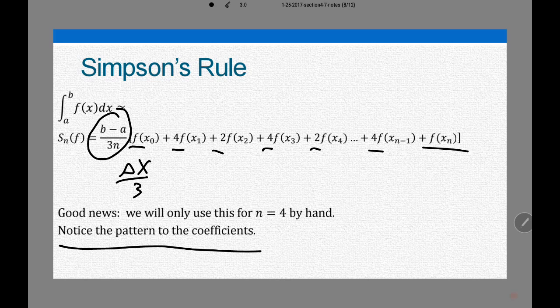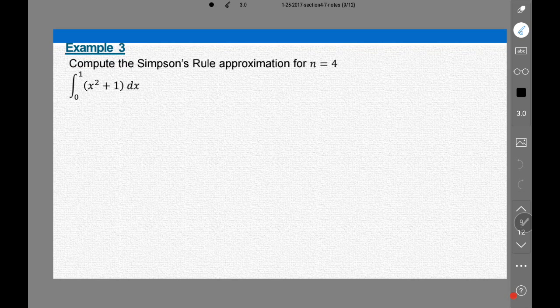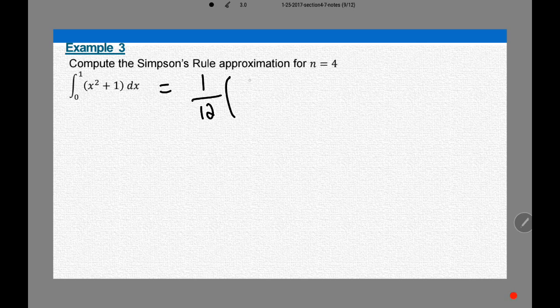And really, plugging the stuff into the formula is fairly simple, alright? So we're doing the same evaluation points as we had before. So we've got 0, 1/4, 1/2, 3/4, and 1. We do b minus a over 3n, so that's 1 minus 0 over 3 times 4. And then we're going to do the first one, our function at 0 squared plus 1.